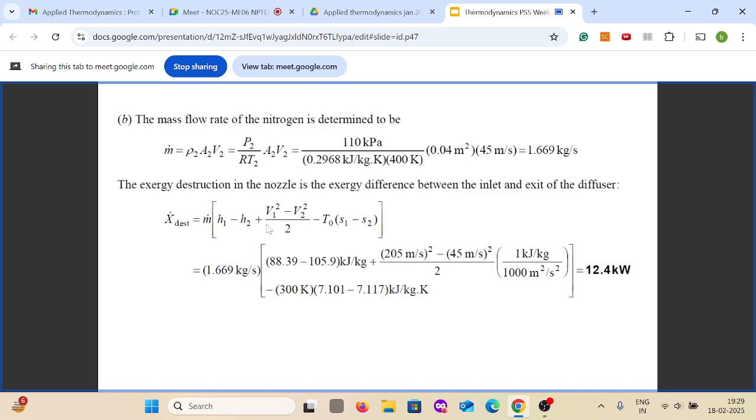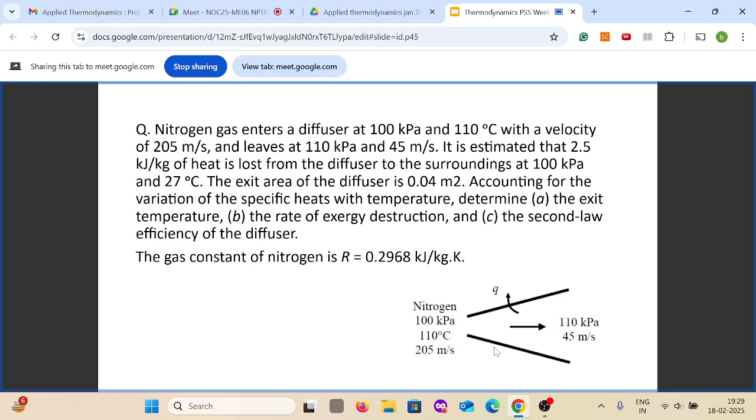Additionally there will be a Q term, but since we are rejecting heat to the ambient, that becomes 0. So it will be 12.4 kilowatt. That is the exergy destruction.